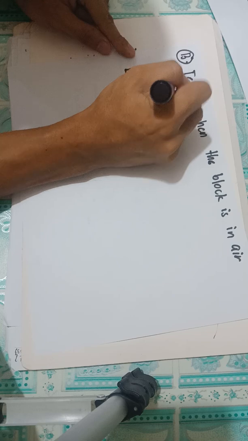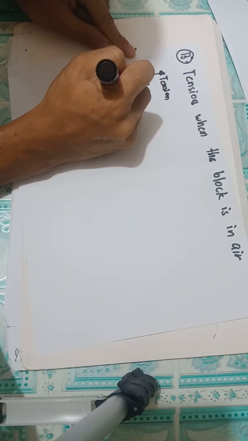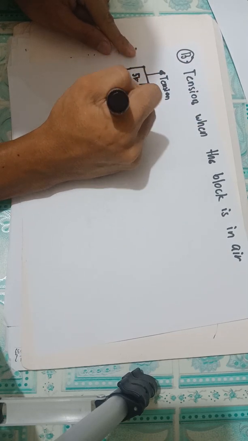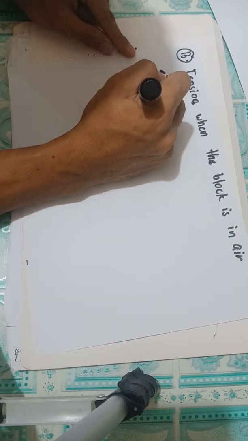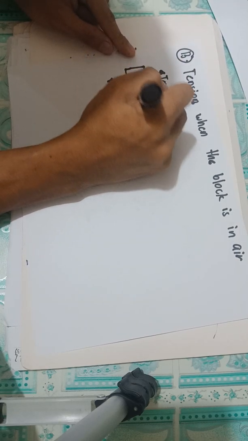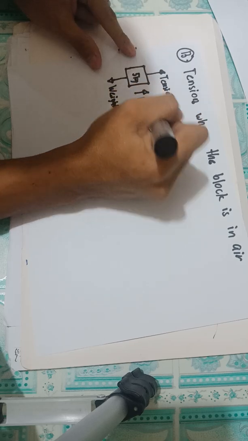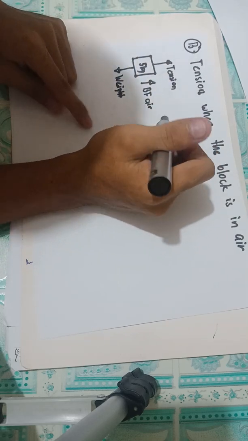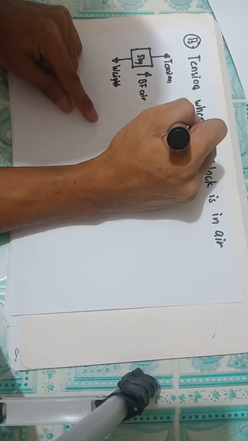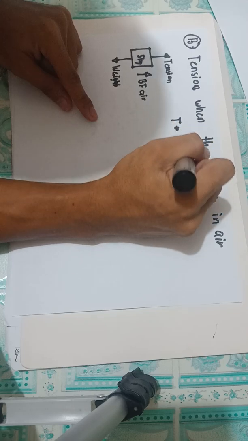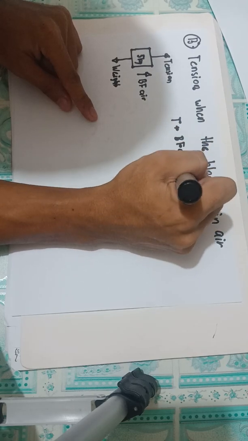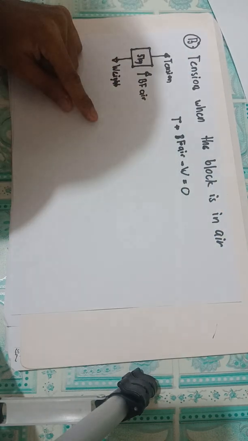This is the tension, this is the aluminum's weight, and this is the buoyancy force of air. So by summation of vertical forces, tension plus buoyancy force of air minus weight is equal to 0.